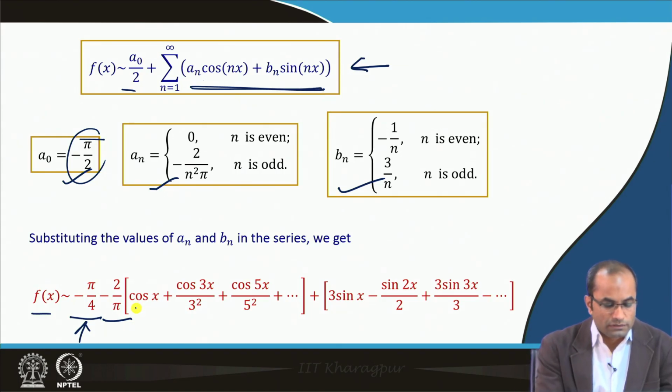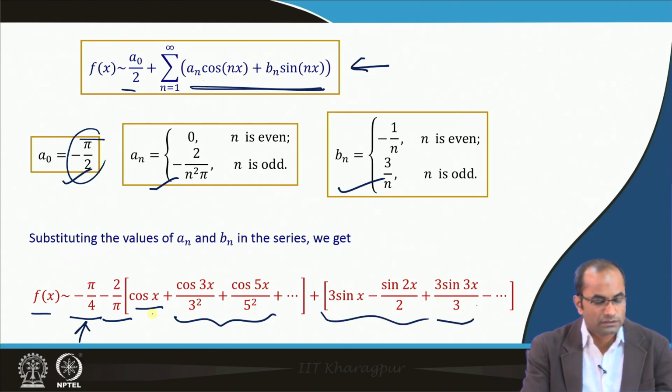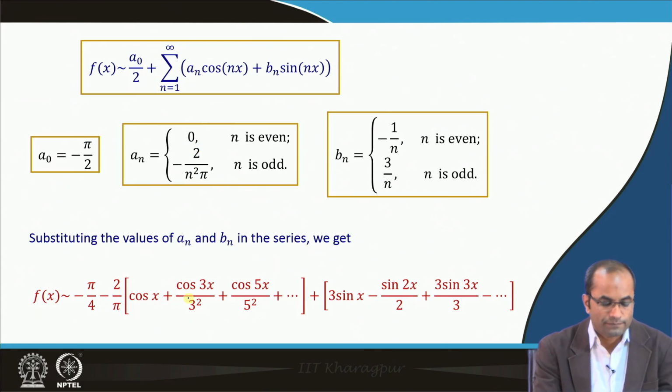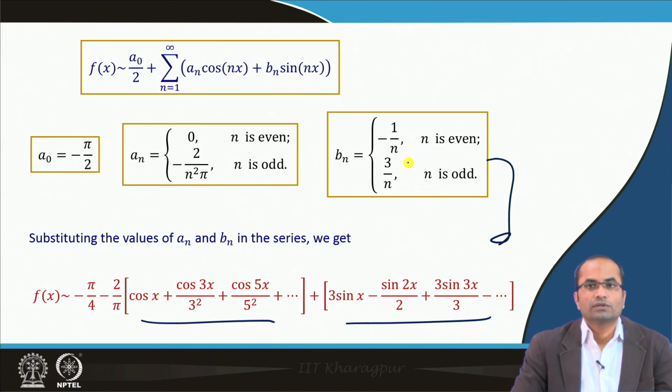So, this cos we have just written in this expanded form. This is coming because of this 2 over pi was here in the cos. So, 2 over pi is here, and then we will get these cos terms, and then the sin terms will be coming exactly from the b_n. So, in this way we can obtain the Fourier series for a given function.